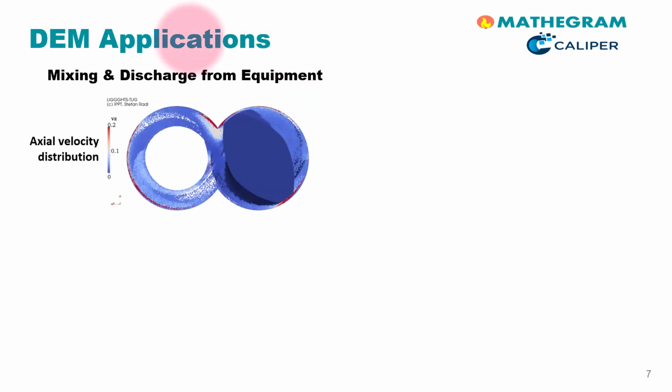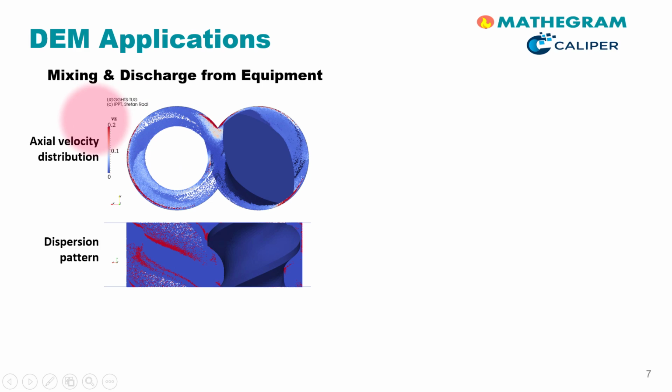A very important and obvious set of applications are mixing and discharge simulations. For example, we can consider the velocity distribution and the dispersion pattern in complex shaped machines, such as a twin screw extruder or mixer. This is very important for optimization studies, for example.